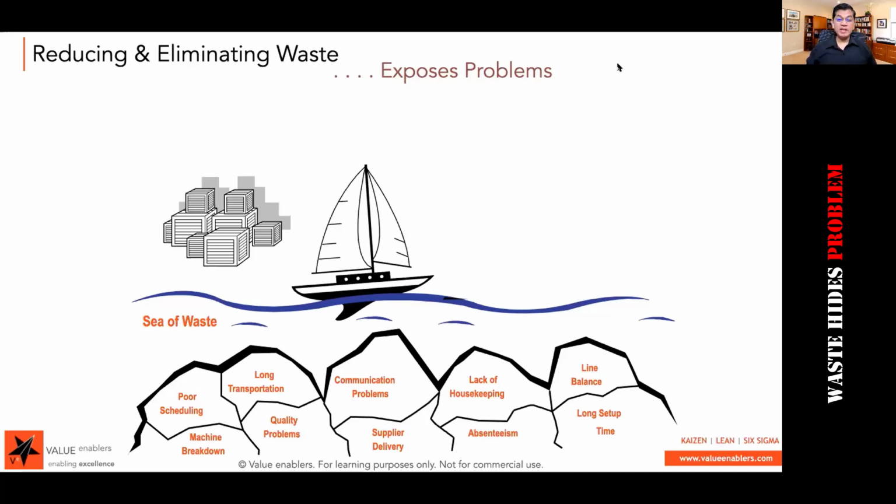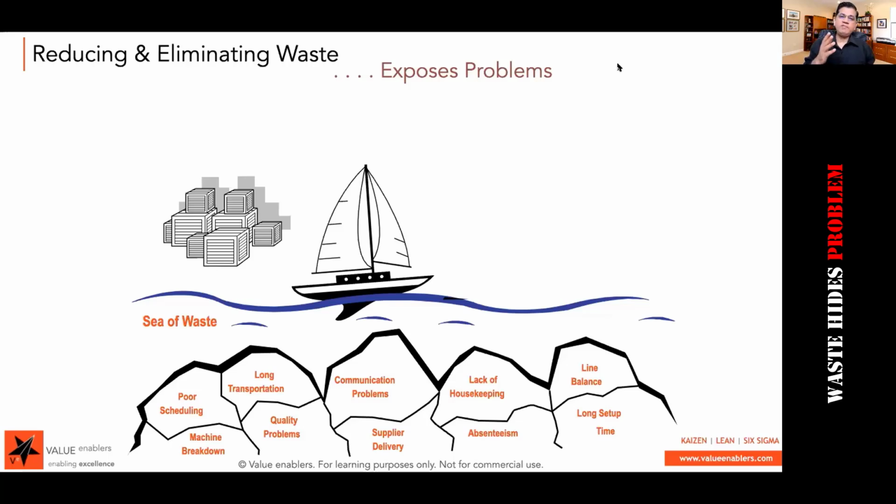For example, if the operator does not come, you produce extra and keep it. Setup time: to convert from product A to product B, I lose so much time in setup. So if I have to produce this, then again I'll have to set up. Let me keep a buffer because of setup time. Do you agree with me? So every defect leads to excess production. Any inefficiency will indirectly, or sometimes directly, translate into inventory.